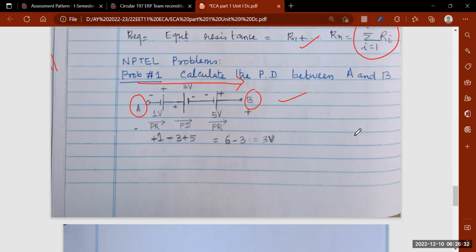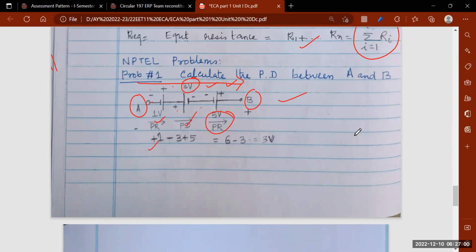Okay, so for the battery of 1 volt, you are moving from minus to plus, so it is a potential rise. For the battery of 3 volt, you are moving from plus to minus, so it is a potential drop. And for the battery of 5 volt, you are moving from minus to plus, so it is a potential rise. So potential rise is given positive, potential drop is given negative.